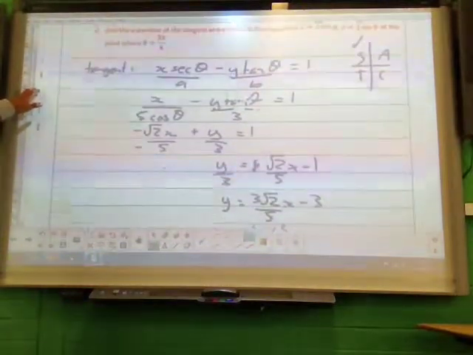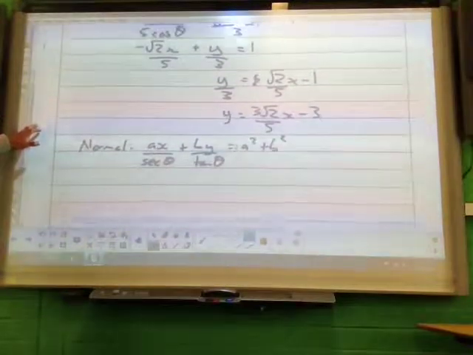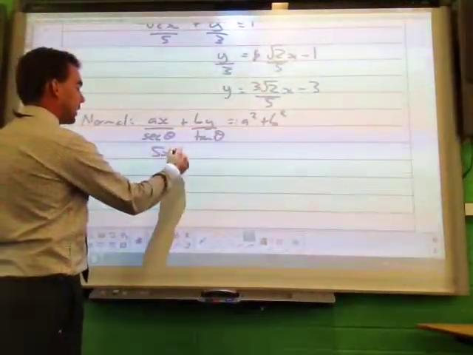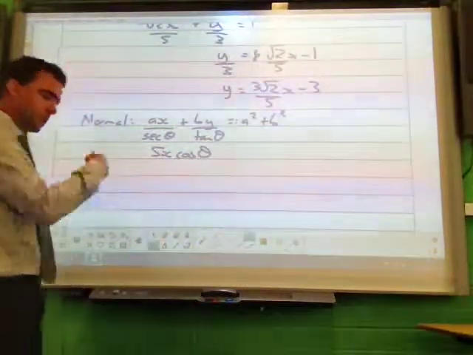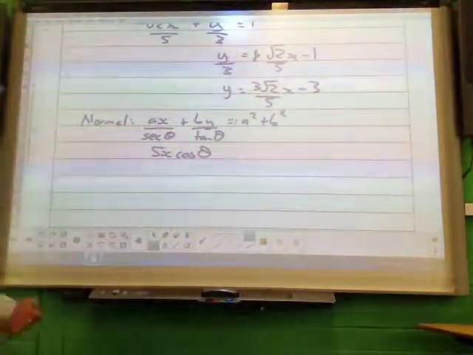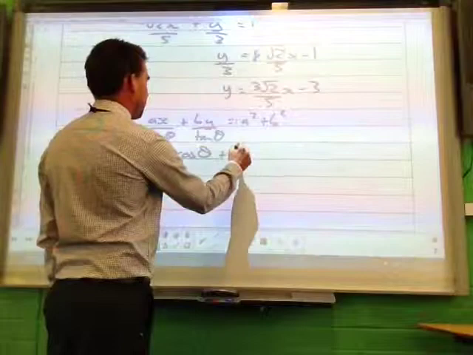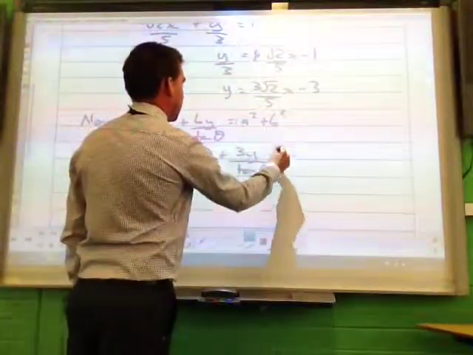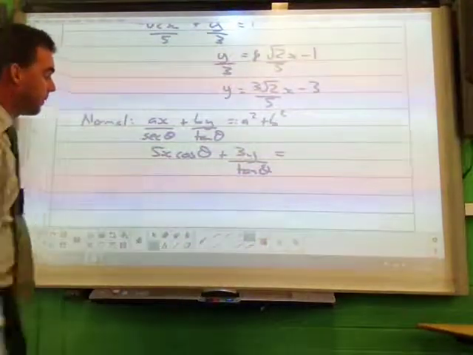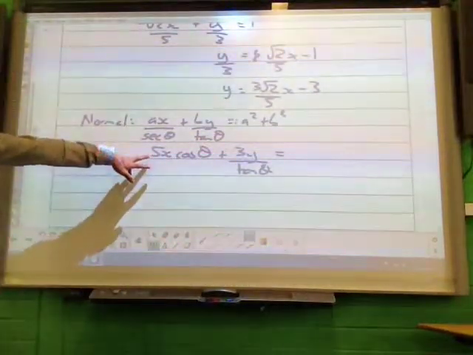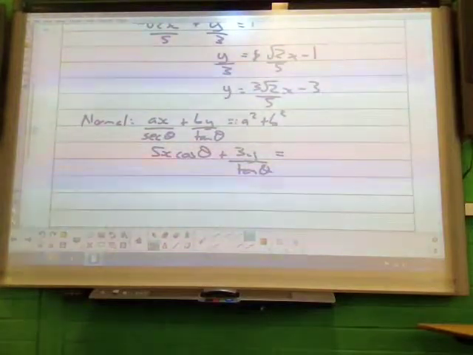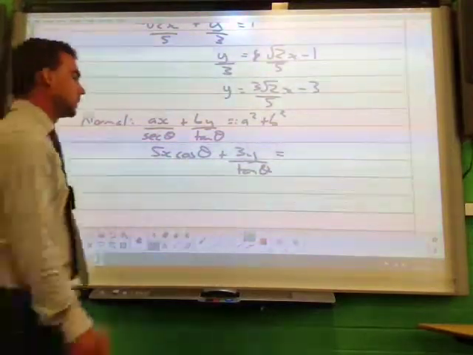So we've got A as 5 and B as 3. So 5x cos theta, I'm just rewriting it in a way that I'm going to feel a bit more comfortable with. Then we have 5 squared plus 3 squared to finish the right hand side, 25 plus 9.